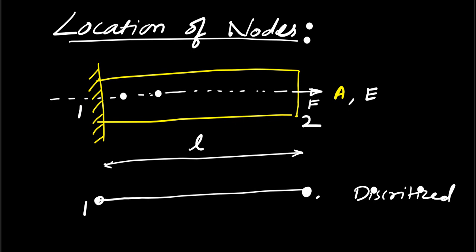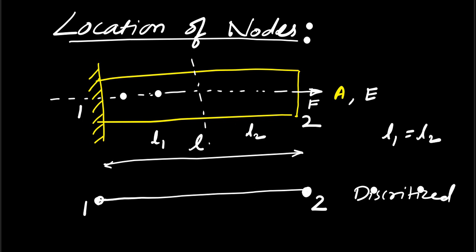Here there will be node 2, but because it's a finite element, you can divide this element into a number of parts. Anywhere you can divide, or you can make this L into equal parts, like L1 and L2, where L1 is equal to L2.